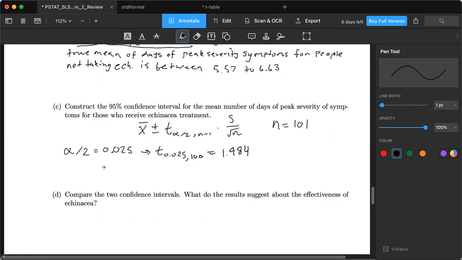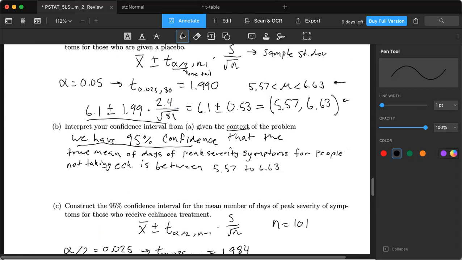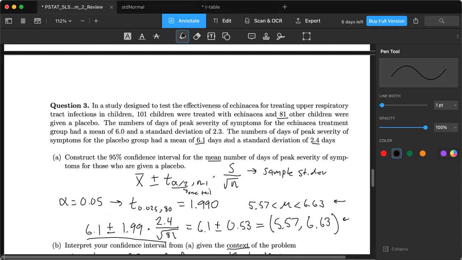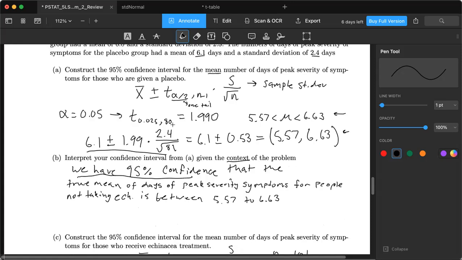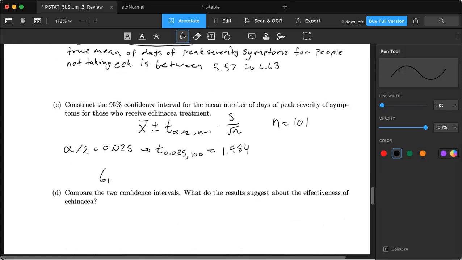Now let's just go back and see what x bar and s are. For the echinacea treatment group, the mean was 6.0 and standard deviation was 2.3. So we have 6.0 plus or minus 1.984 times 2.3 over the square root of 101, which is equal to, so 1.984 times 2.3 divided by the square root of 101.